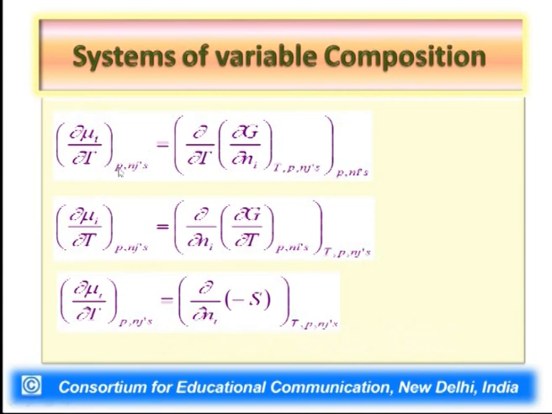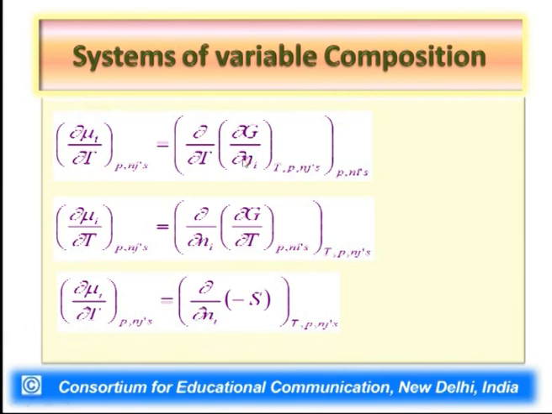So, del mu I by del T at constant P and Nj is equal to del by del T, del G by del Ni. Now, if you want to interchange the order of differentiation, this del Ni we have to write over here, and this del T we have to write inside the inner bracket.